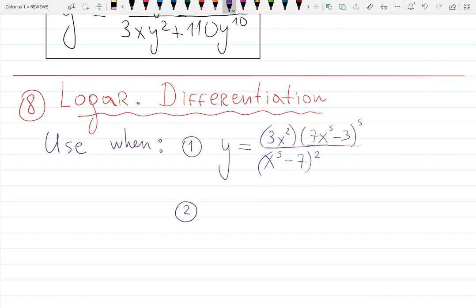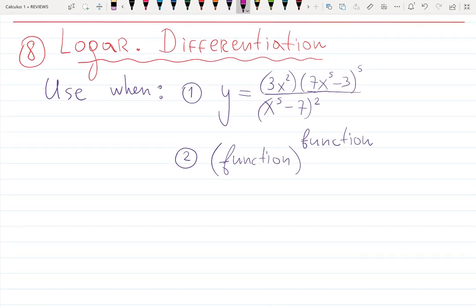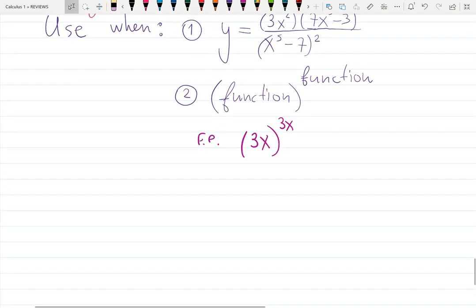The second case where we recommend using the log is when you have a function raised to a function. This is an interesting case, and maybe you saw in your homework something like 3x raised to the 3x, for example. Why is this an issue?